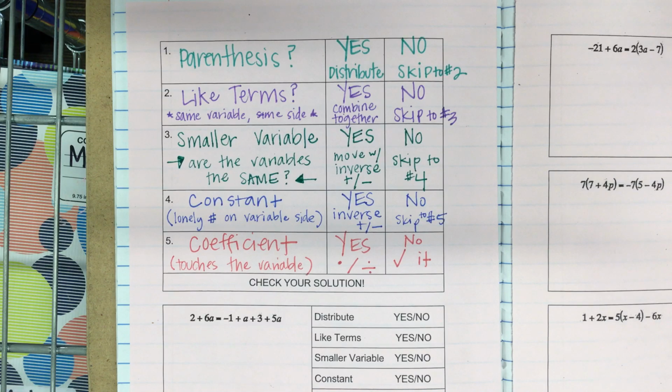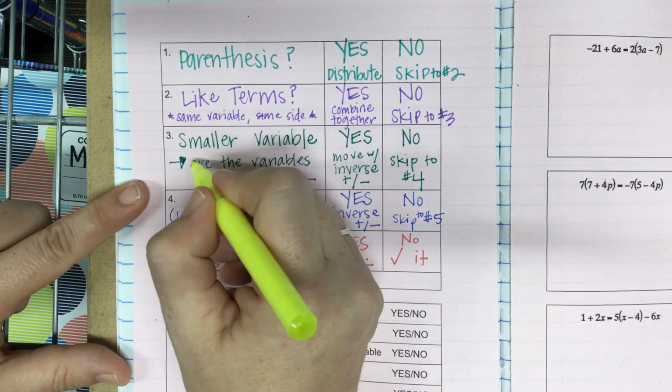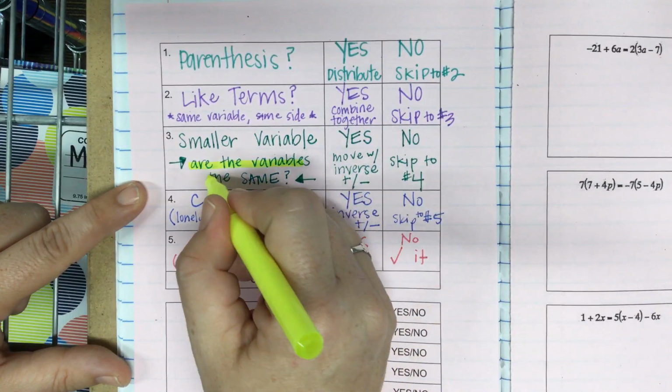All right, so we're going to talk through some practice. What is the new addition to our notes? If the variables are the same. And you guys, this part, I'm going to highlight it because this is going to be the game changer.